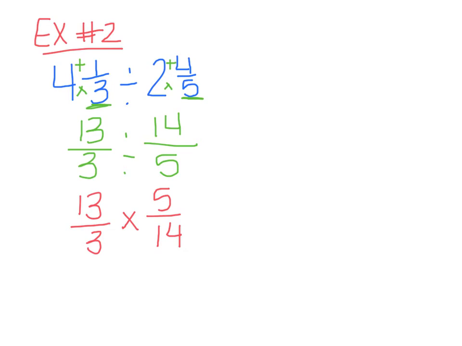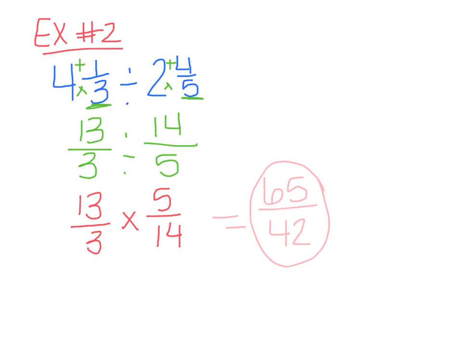I look across and see that I can't really divide anything. So I'm going to go ahead and just multiply straight across. 13 times 5 is 65. And 3 times 14 is 42. So I have an improper fraction. I want to make it a mixed number.